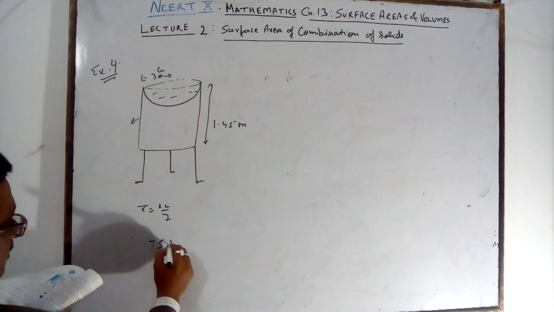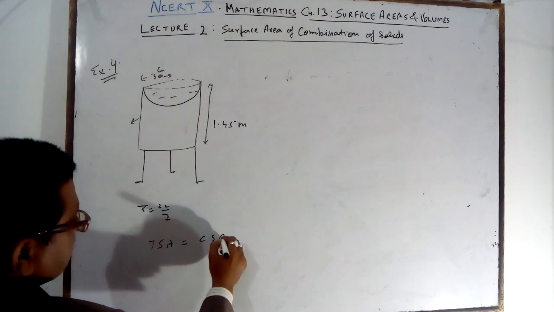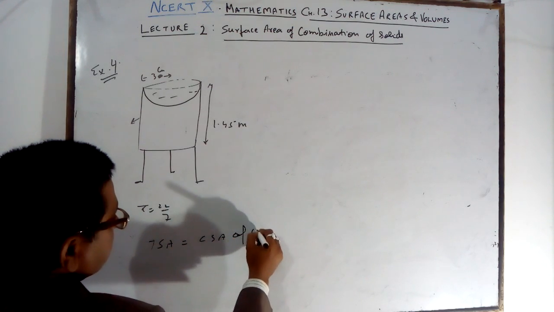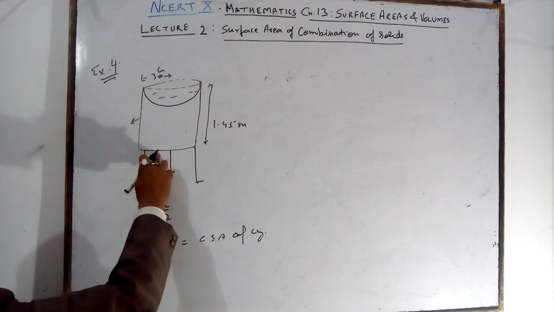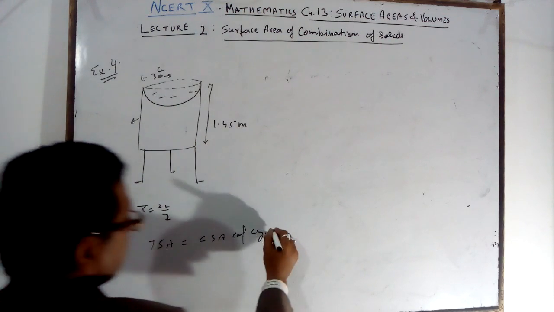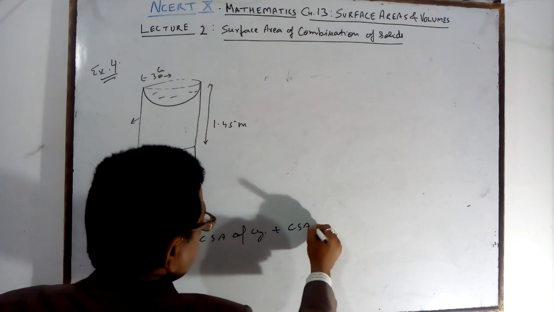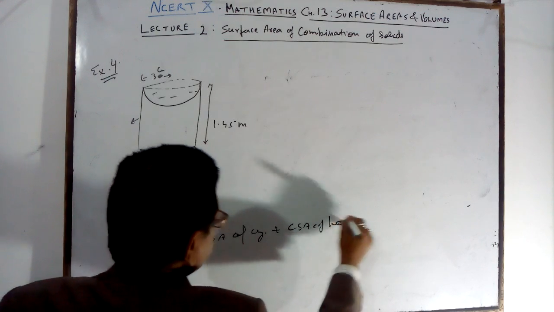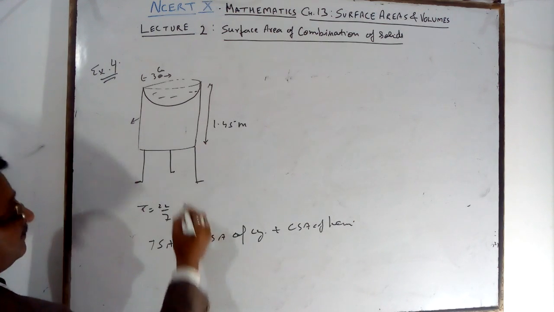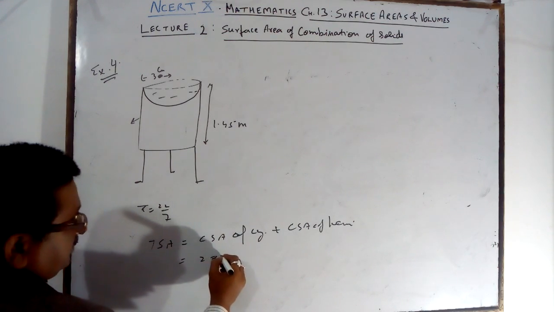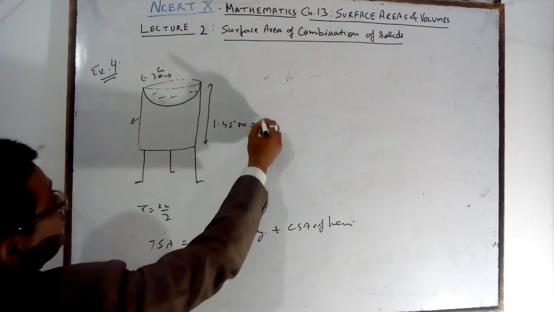So TSA is equal to CSA of cylinder, why CSA? Because it is open at the bottom and top, only the hemisphere, plus CSA of hemisphere. The CSA of the cylinder is 2 pi r h, where h and r are given.